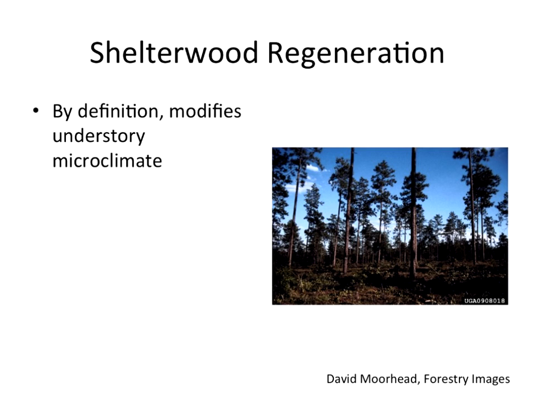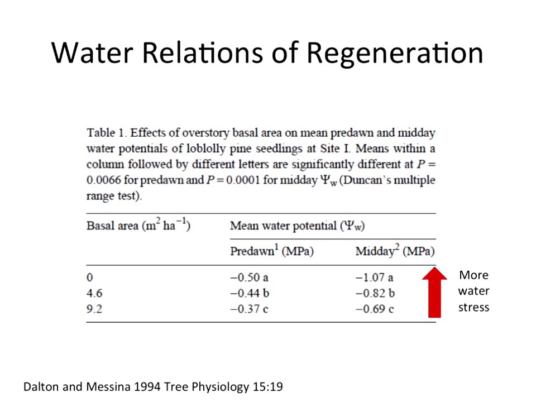So a shelterwood modifies the microclimate of your regenerating understory. And in some situations, that may actually alleviate stress due to elevated temperatures. And that may be manifested as differences in water stress.